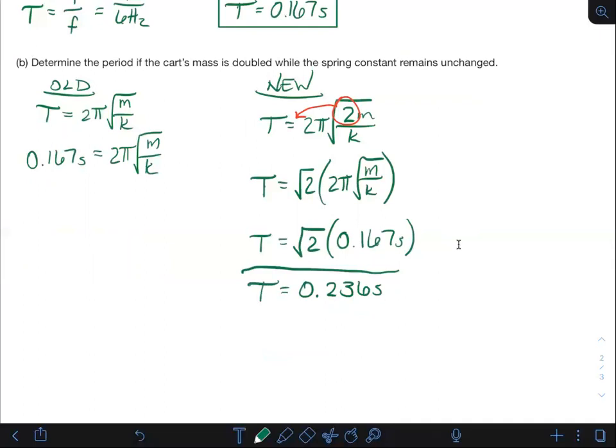I'm adding more mass. It should be harder to make this thing oscillate. It should take more time for it to oscillate. And that's exactly what we're seeing right here: the time of this bigger mass to oscillate is larger than our original mass to oscillate. All right. Good luck solving problems.